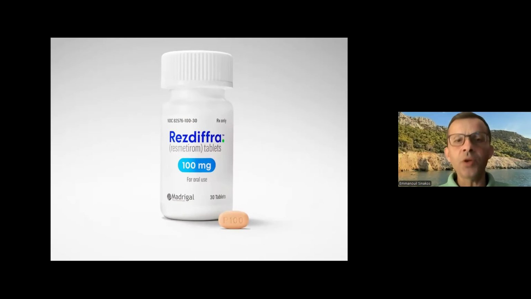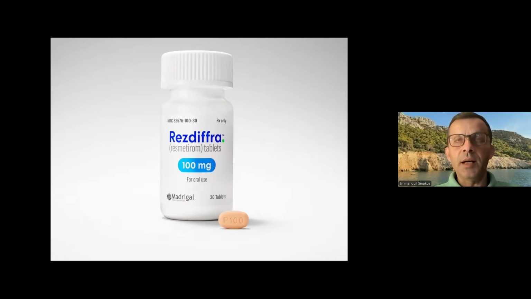Of course, 2024 is a year of a new licensed drug. This is called resmetirom. Rezdiffra is the brand name in USA. It's not actually right now licensed from EMA to use in Europe.